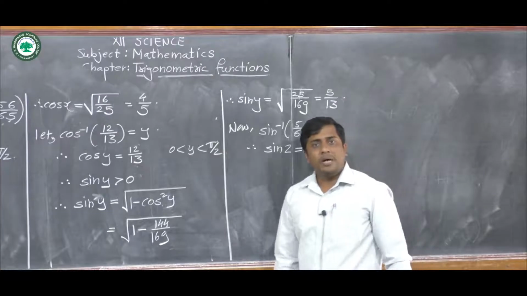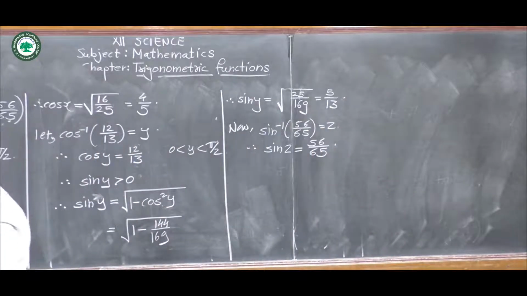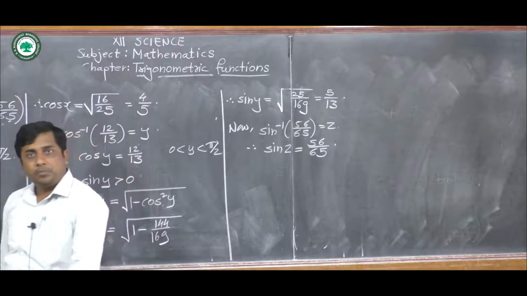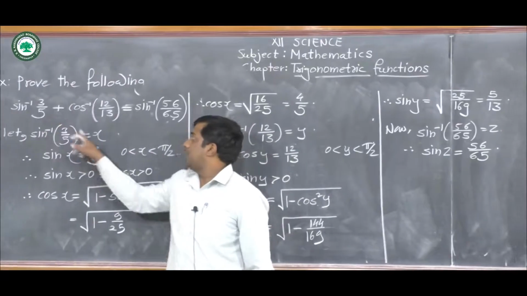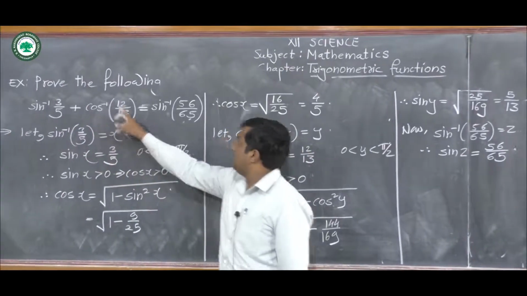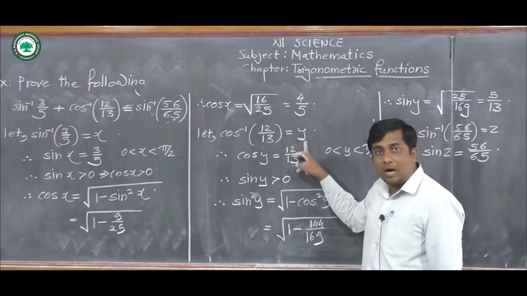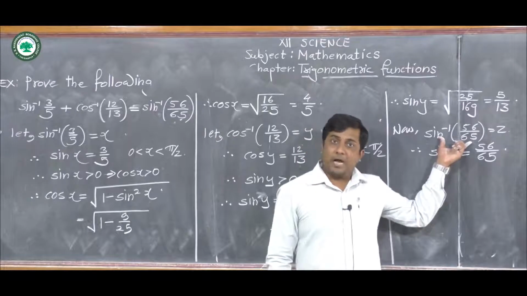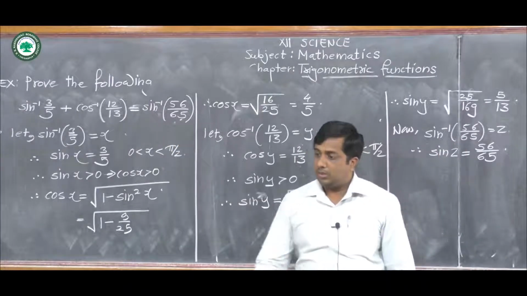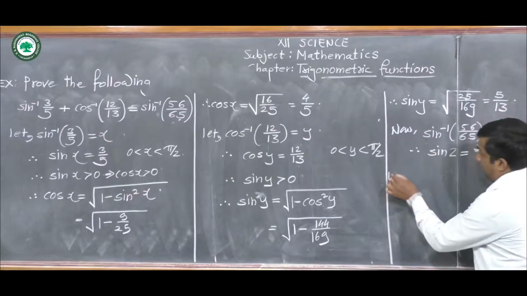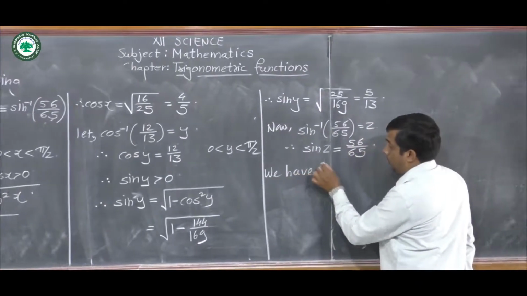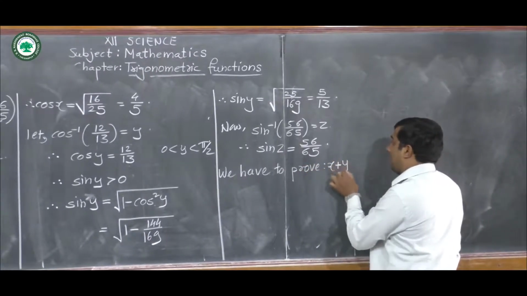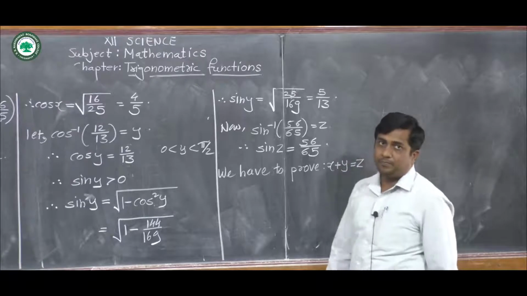Now we have to prove x plus y is equal to z. We know sine inverse of 3 by 5 is x, cos inverse of 12 by 13 is y, and sine inverse of 56 upon 65 is z. So we have to prove x plus y is equal to z.